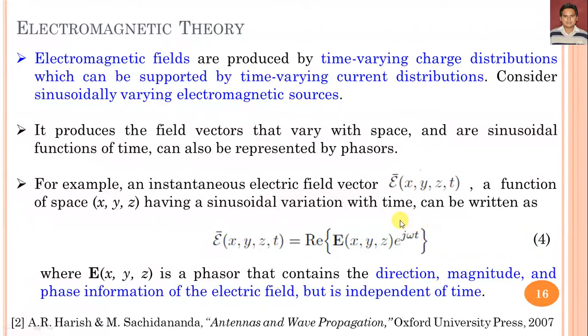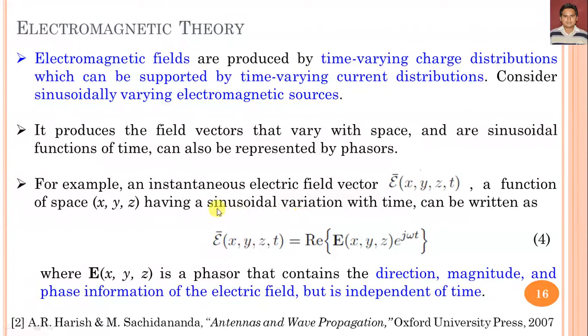Here you can see that the term e to the power j omega t is called the time harmonic factor, a time varying component having the angular frequency omega and the time t.